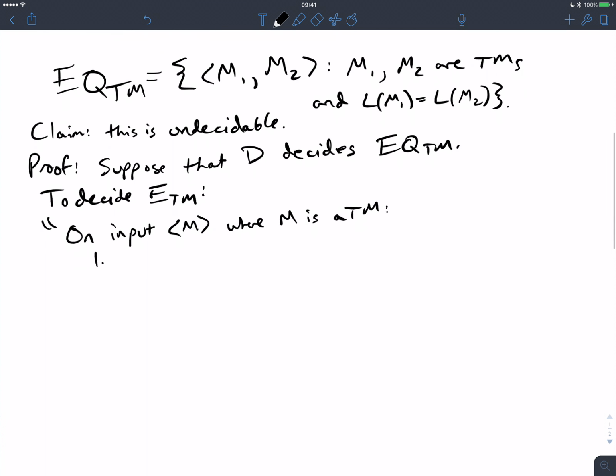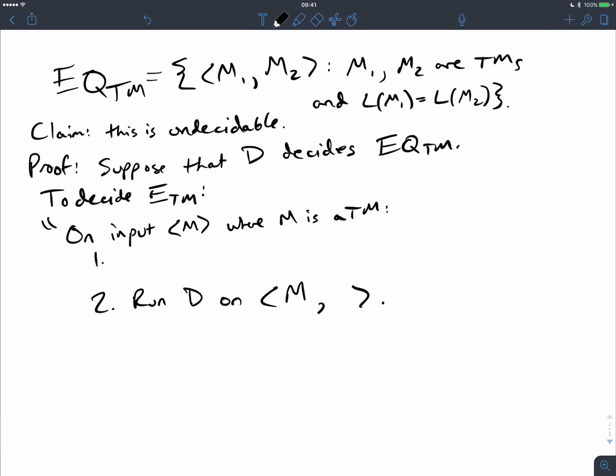So eventually I'm going to say run D on, and I'm going to provide it with two machines. Well, I think it is pretty obvious that I need to have M be one of those machines because it's going to help me decide something about whether it has empty language or not. So I'm going to have M be one of them. So let's see.